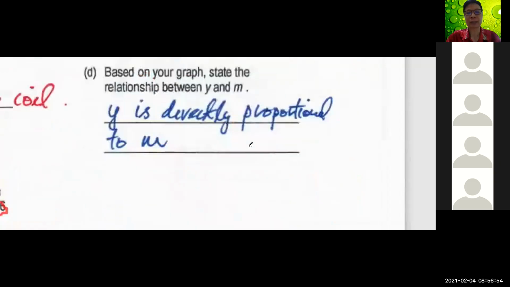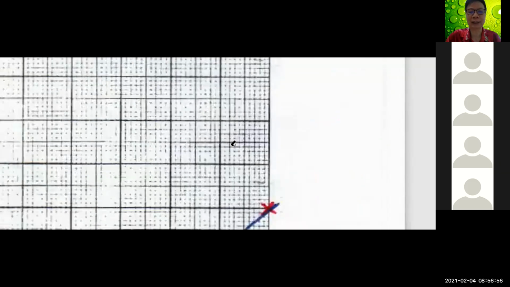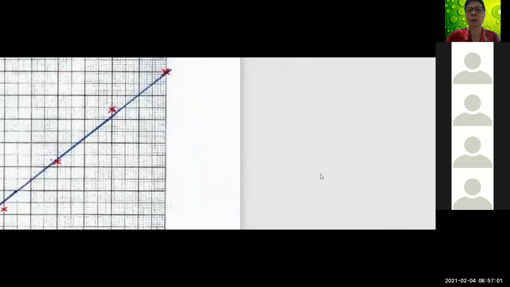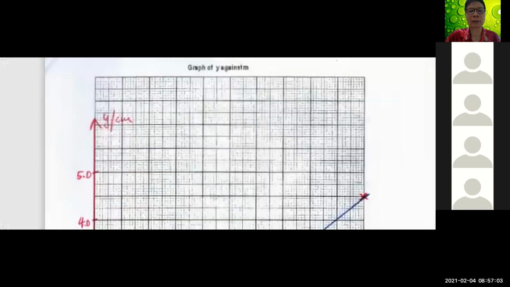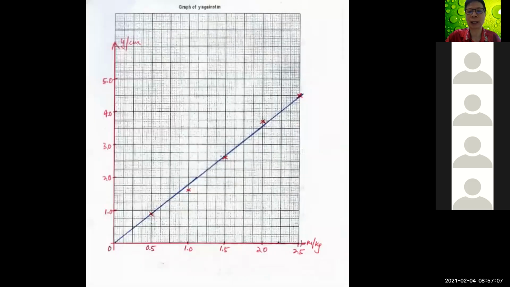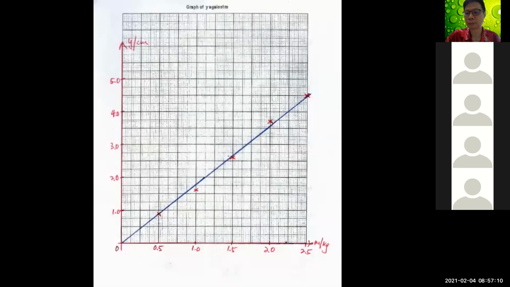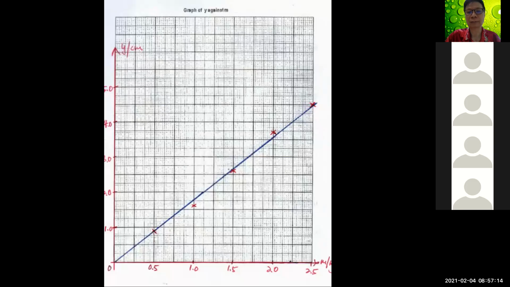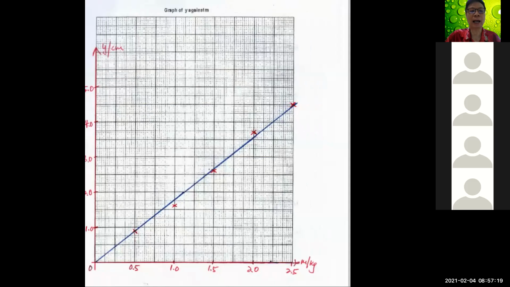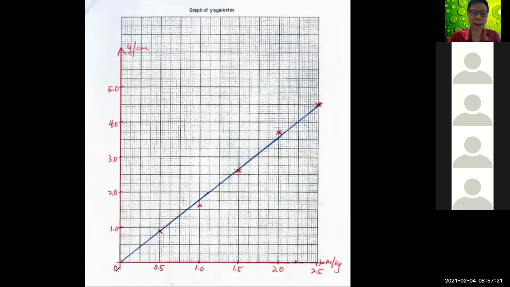Now I want you to do like what I did here. Hold on first, I take some time to make that so that you can see the whole thing. You see the scale I chose was like this: 0, 0.5, 1.0, 1.5, 2.0, 2.5.